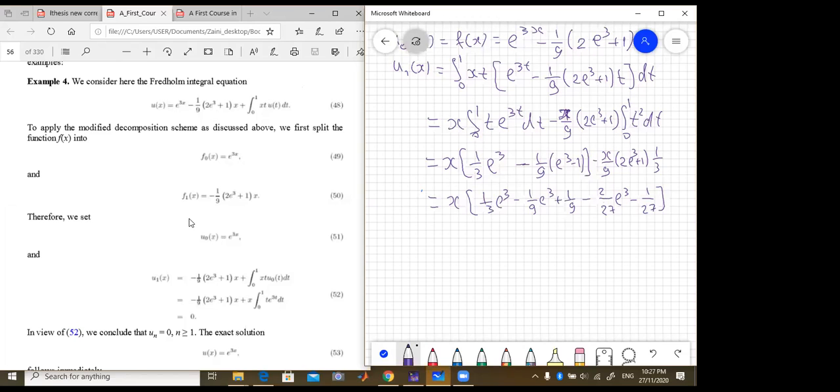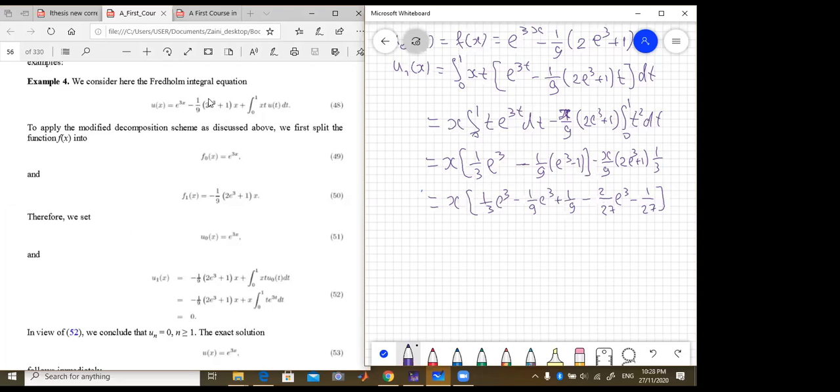If not, whatever you do, the next u1 may not be 0. If it is not 0, then u2 will not be 0. You see, mostly this f1 is a critical choice. If I choose this one as f0 and this one f2, then f2 plus this integral is never 0.